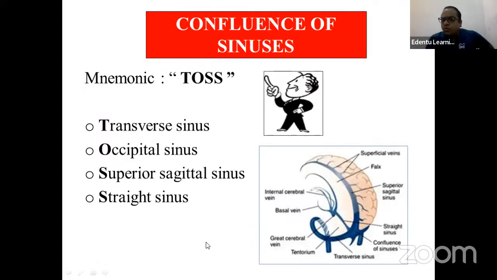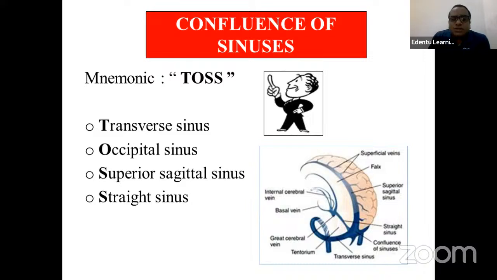So first question is over. This is a mnemonic. This is not the second question. Confluence of sinus. This question is from the chapter on cranial venous sinuses, where the cavernous sinus and other venous sinuses are there. Confluence means mixture, a junction where so many sinuses meet. So this is a viva question or even a 3 marks question.